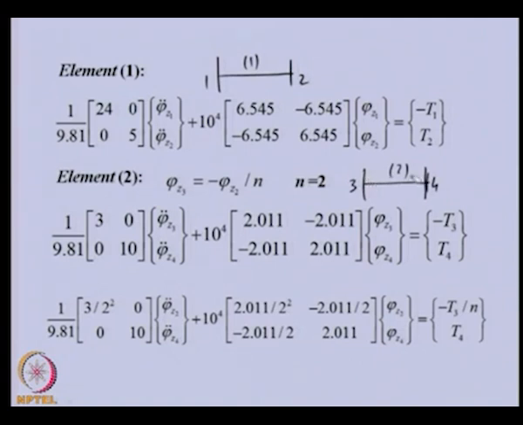If we want to write exactly the same elemental equation for this, we will have phi z3 and phi z4, and these are the gear and flywheel at nodes 3 and 4, and this is the stiffness matrix, and these are the reaction torques at the ends.